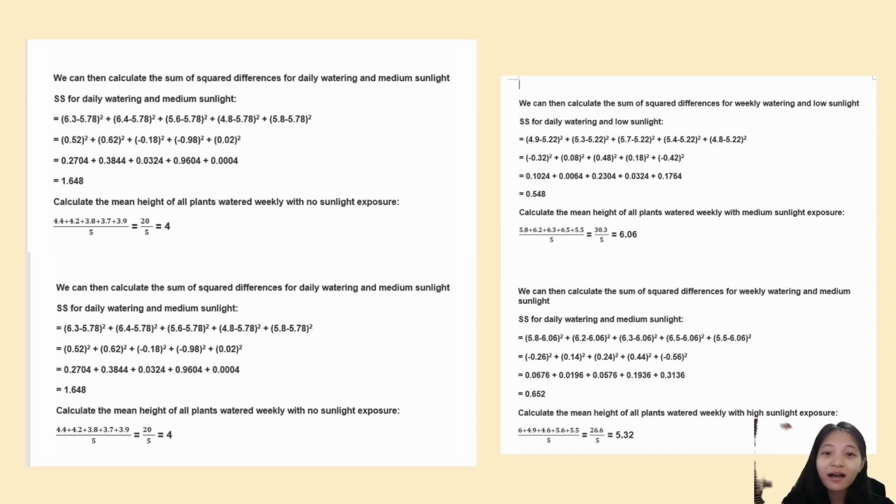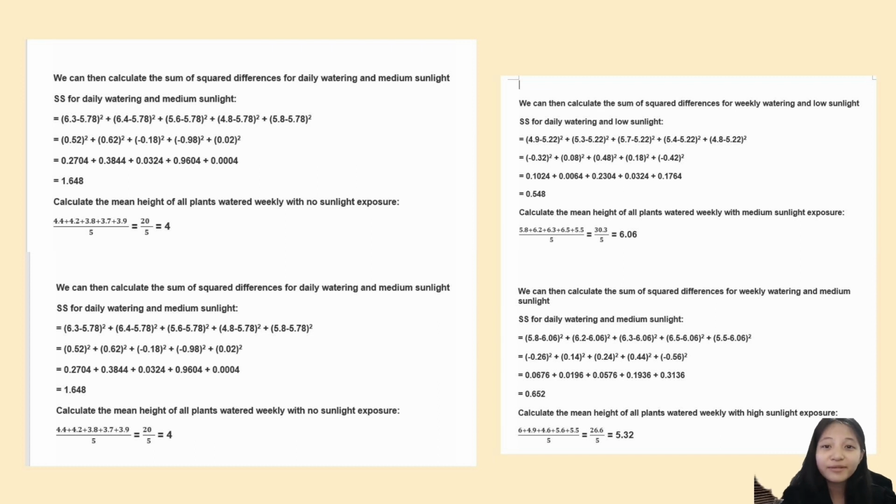Let's calculate the mean height of factor B with low sunlight exposure. So 4.9 plus 5.3 plus 5.7 plus 5.4 plus 4.8 divided by 5 equals 26.1 divided by 5 equals 5.22. So, given the mean, which is 5.22, we can then calculate the sum of square differences for factor B, or plants watered weekly with low sunlight exposure.